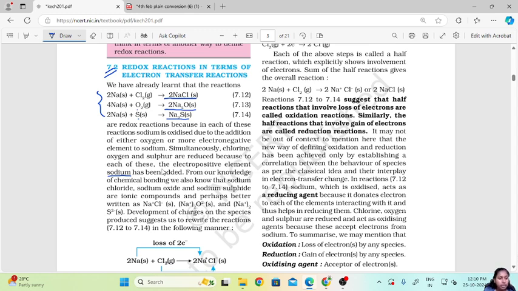Whereas sodium in all these three cases is oxidized. Why is it oxidized? Because chlorine, oxygen and sulfur are electronegative and are added to it. So here sodium is oxidized, and the other element associated with it is reduced. So this is our redox reactions.